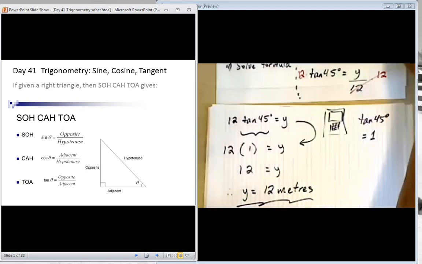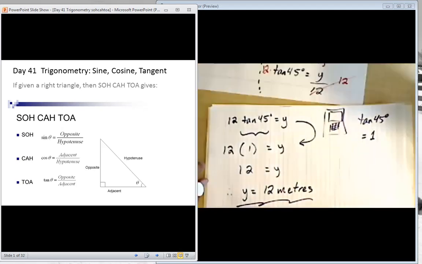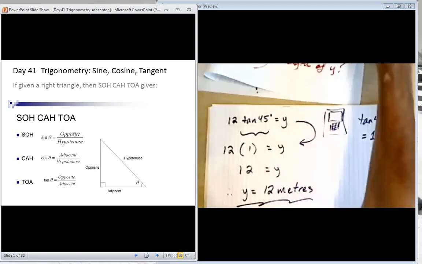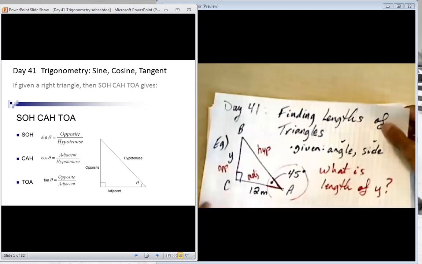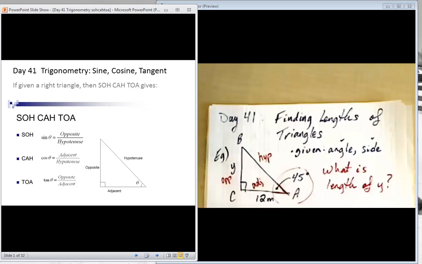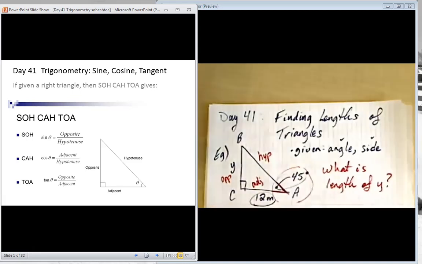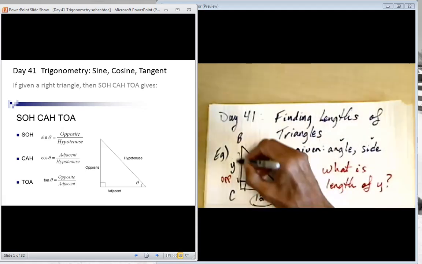Okay, so what did we do there? The situation was that we were given a triangle that had one side and one angle, and we have to figure out what a missing length is going to be.